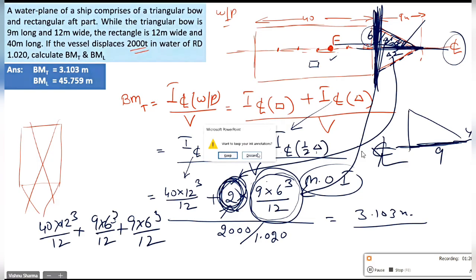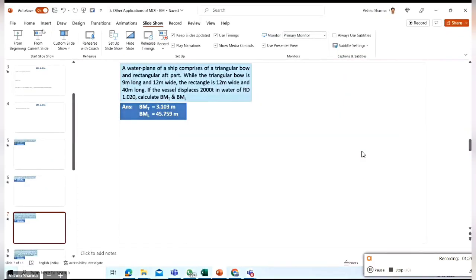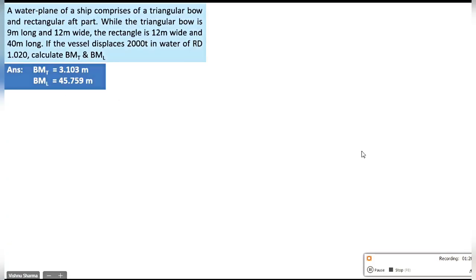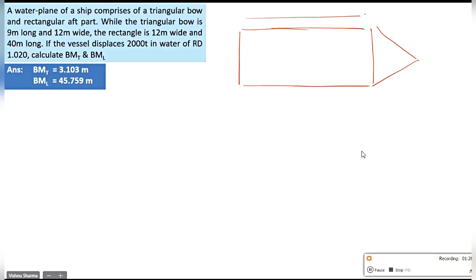Okay. Now let's look at the BML part. Again we draw the water plane area. Now guys, we have to draw the athwartship axis through the center of flotation. Unless I know where the center of flotation is, I cannot place it.